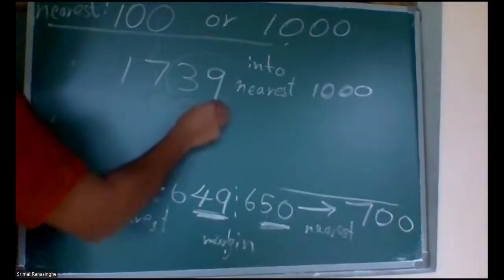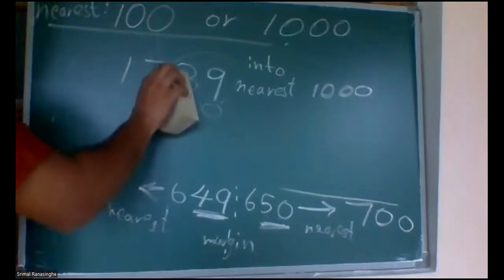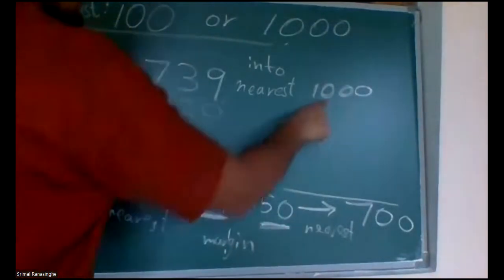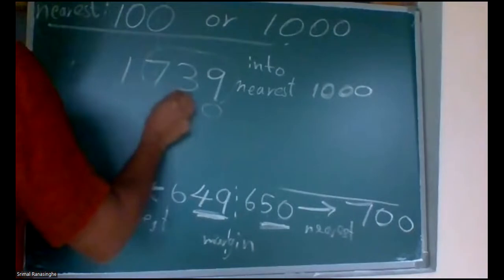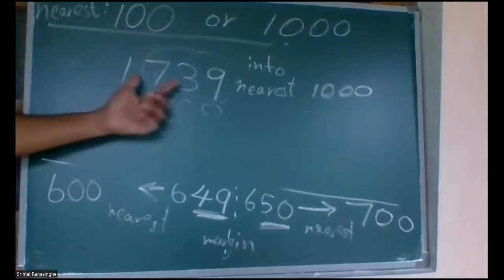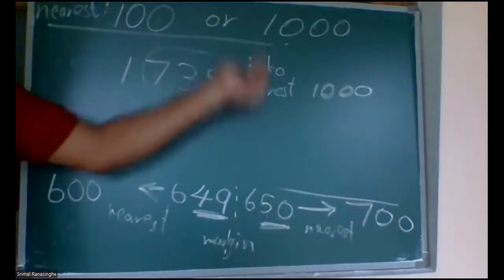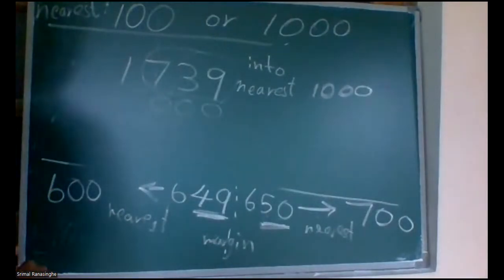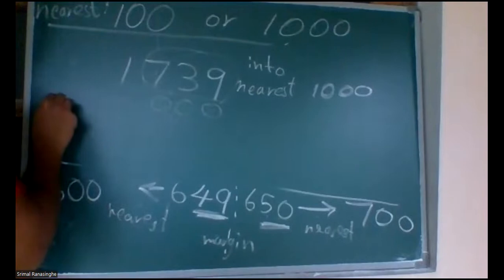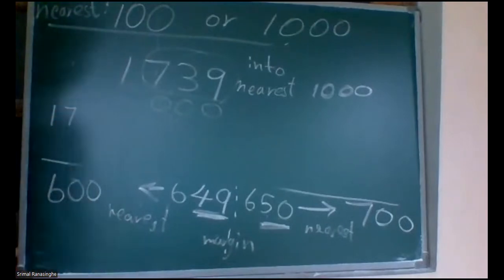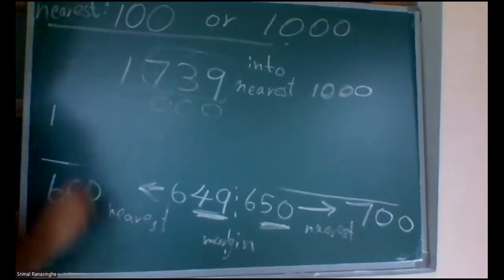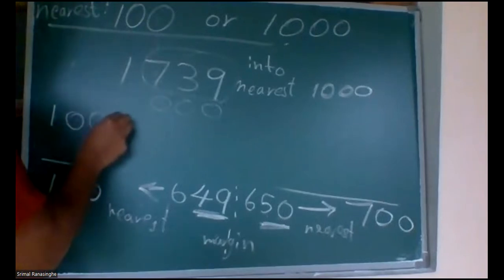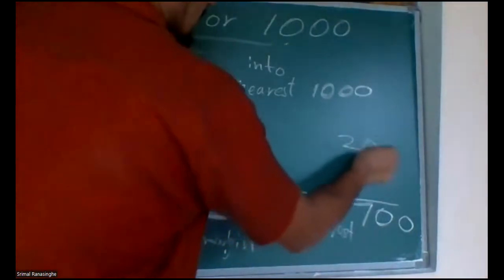Now there are 3 digits because 3 zeros. So 3 digits are here, nearest 1000. So 739 into nearest 1000. What can happen? 2000. Here 1000. Here 2000 is here.